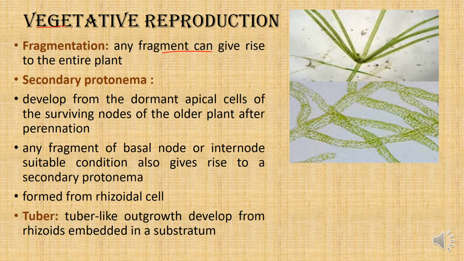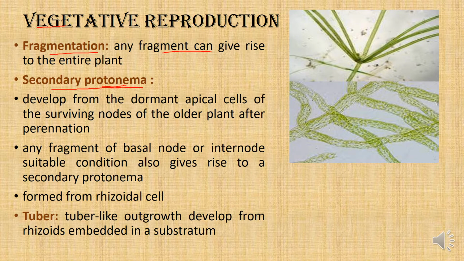Then, after fragmentation, we see secondary protonema in vegetative reproduction. Now we know that primary protonema are formed when the oospore of Nitella germinates. But secondary protonema are formed from any perennating body of Nitella, it can be a root portion, a rhizoid portion or a shoot portion.